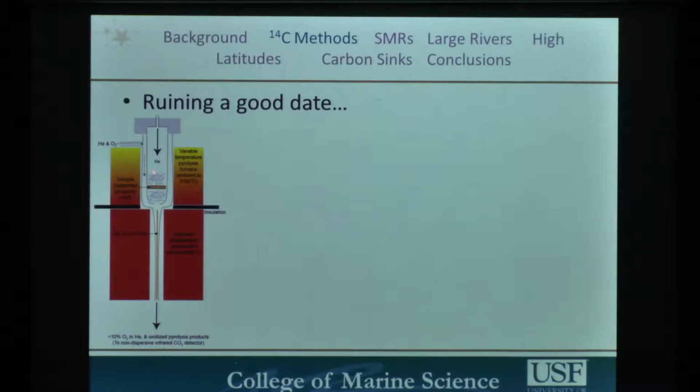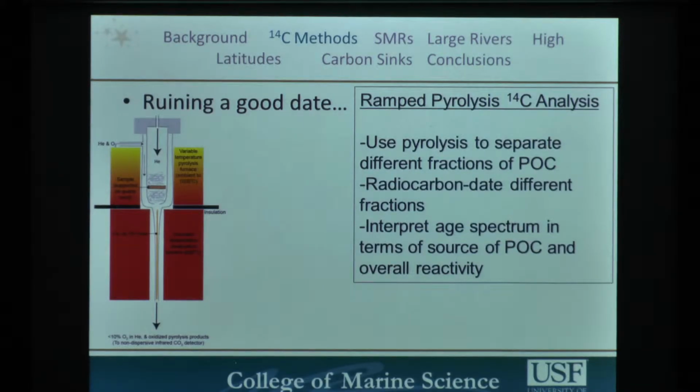When they break apart, in a process called pyrolysis, they're entrained in this helium flow, and they flow into our second furnace where they're rapidly oxidized. Then we do a lot of vacuum line chemistry and separation and quantification of the CO2, but we also take different temperature intervals and we trap that CO2 and we can radiocarbon date it. So this is the process that we call ramp pyrolysis C14 analysis.